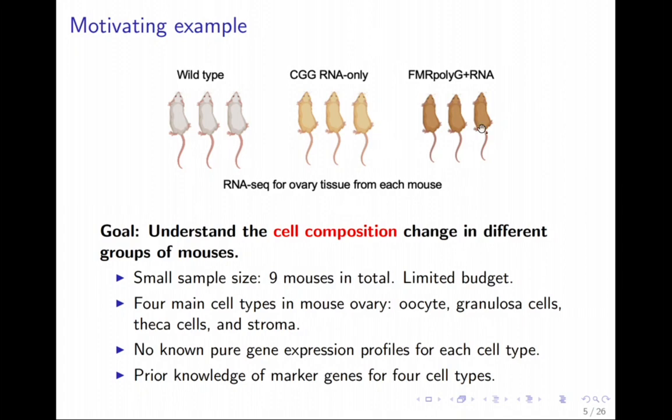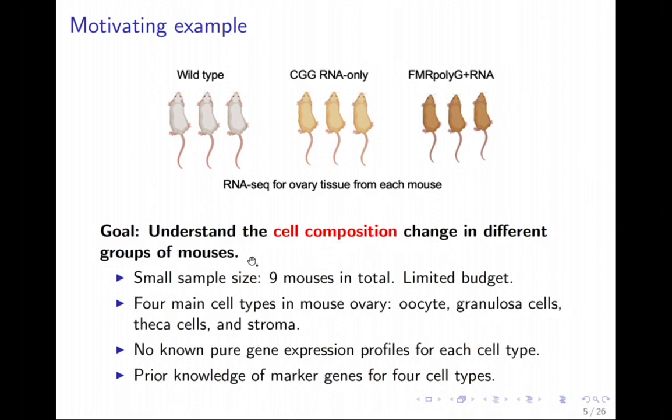The second and third group of mice all have Fragile X syndrome, but the third group is more severe than the second group. So our collaborator wants to understand how cell composition changes in different groups of mice.